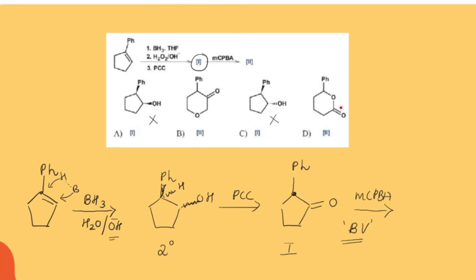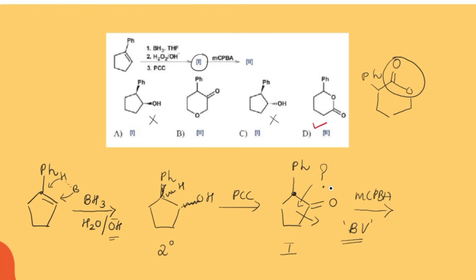However, from the options we have D as the product, because this is the only ester. This is not an ester, as I told you earlier. But say suppose in the option, if they would have given an option like this, then which one to choose? Because you see the ester is over here, right? The phenyl is over here.